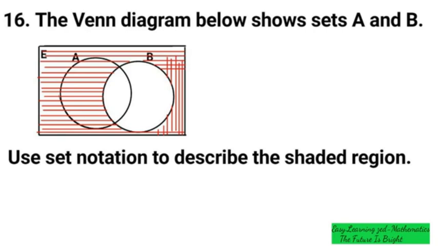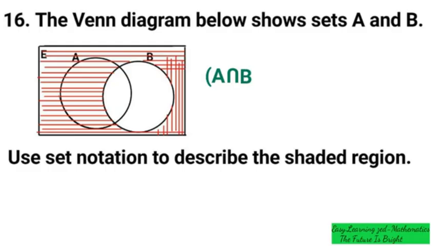Okay, so that means we can say the shaded area is A intersection B. Okay, so I'm going to put this expression in like this.